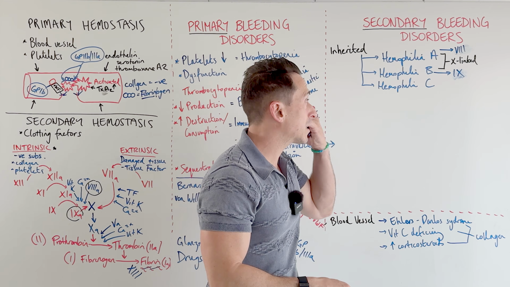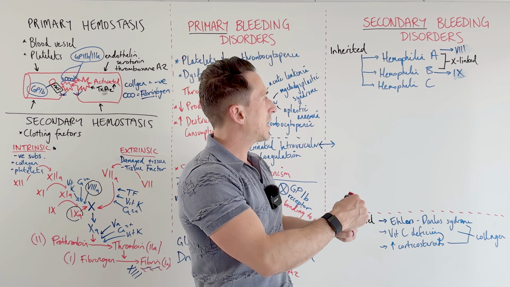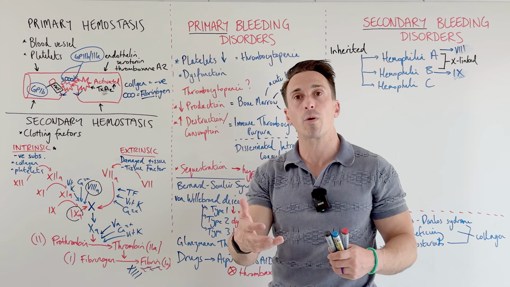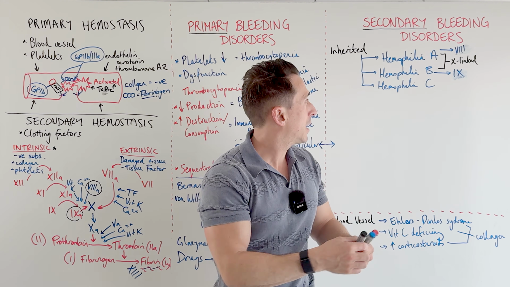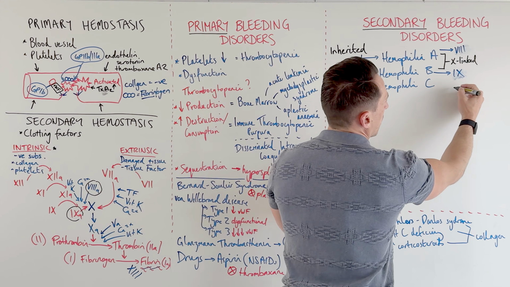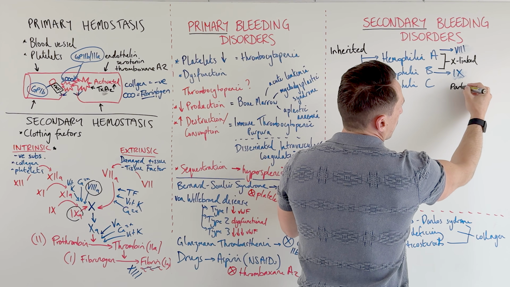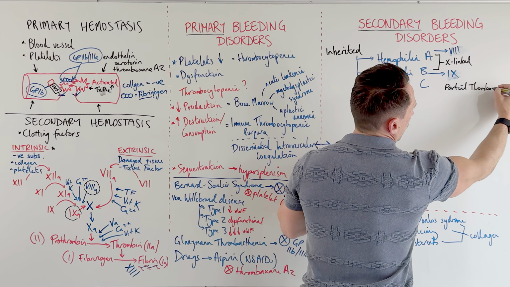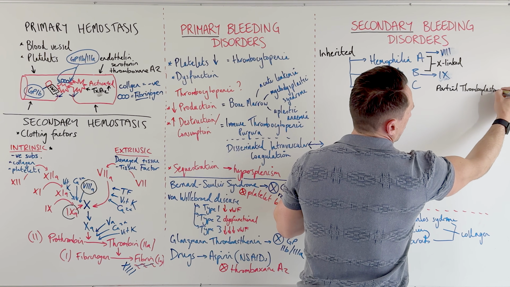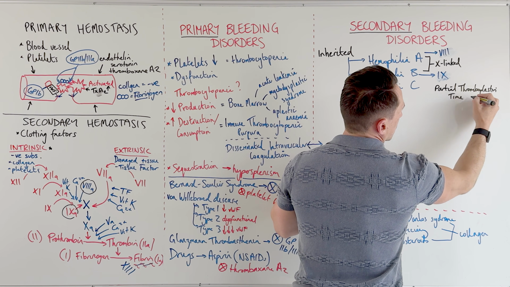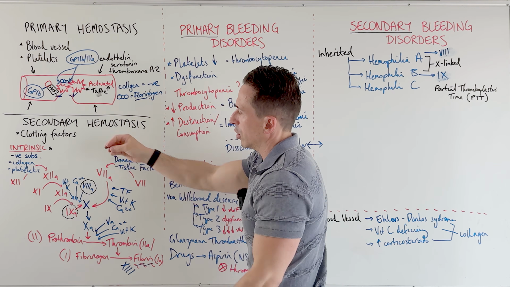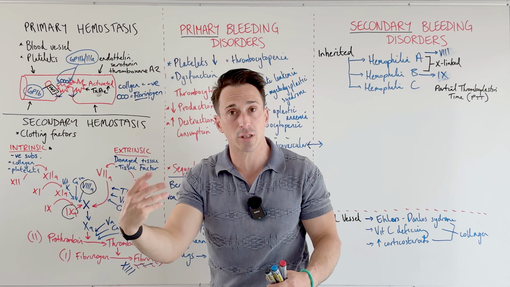All right, so here's the thing. If you want to test, there's some tests that you can do, right? There's a test that you can do called PTT. This is partial thromboplastin time. This is where you take a patient's plasma, right?